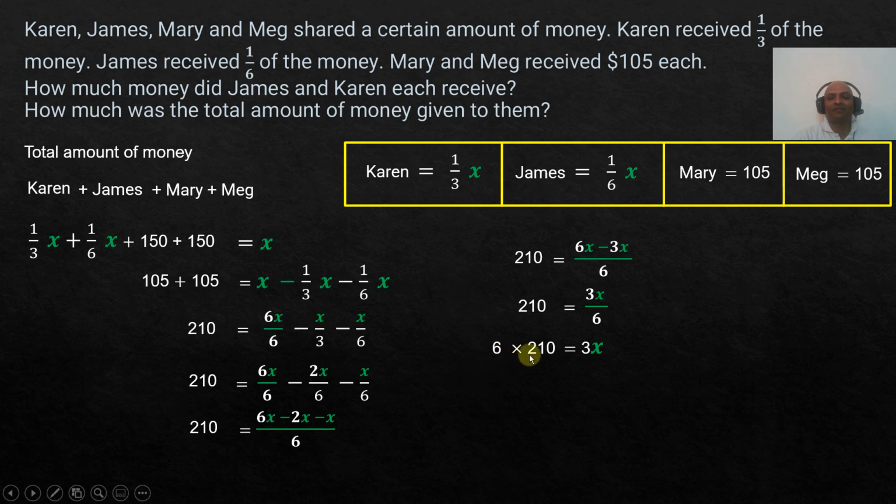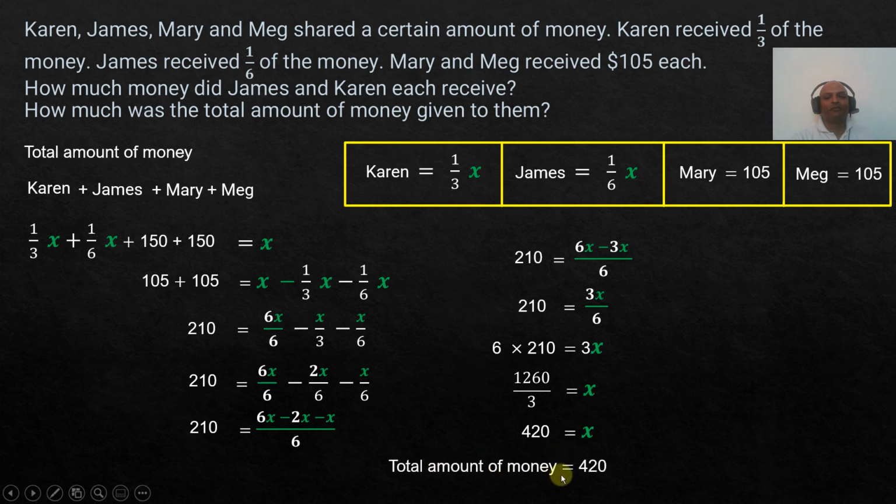On the left hand side we've got 6 times 210, and that is 1260. So again, if we just want to find out x, then whatever this whole value is here divided by 3 will give us x. So x is equal to $420. That's the same as what we got in the previous method as well.